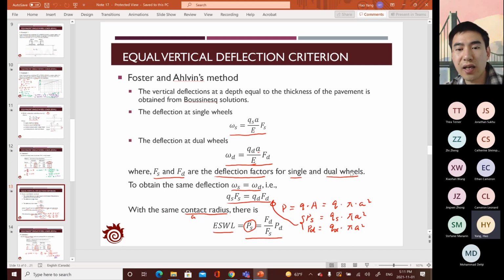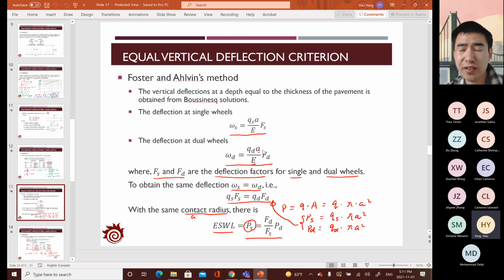In this method, they assume that the deflection from the single wheel will be the same as the deflection from the dual wheel, so omega S equals omega D. If you put these two equations together, you can find a simplification of the relationship between QS and QD.